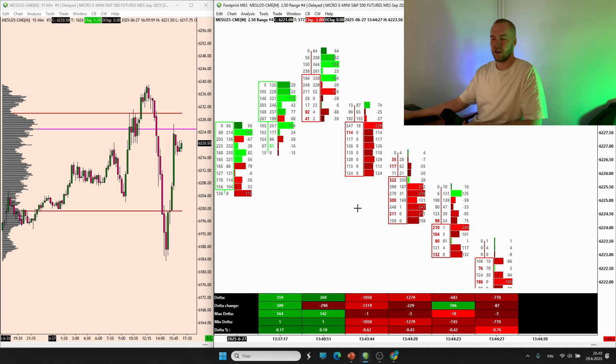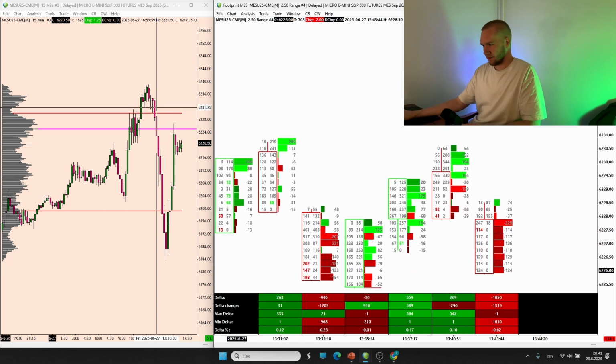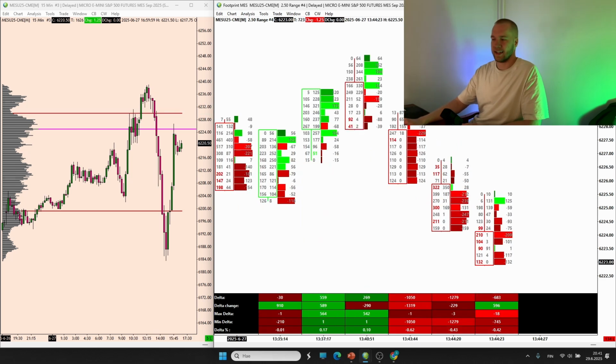No one's buying, okay? So this comes back to the point of how to use your footprint. You want to always have that context and the confirmation from the footprint chart.